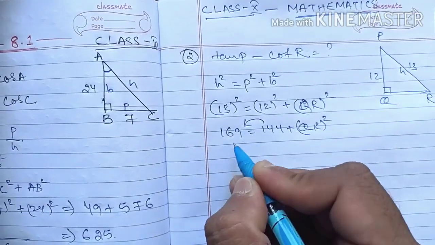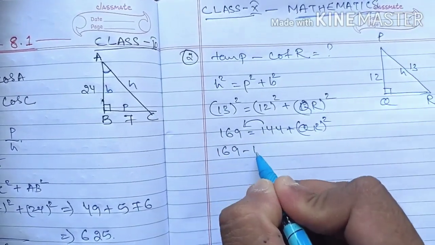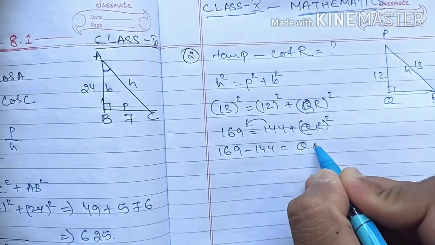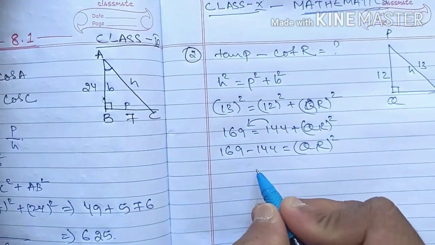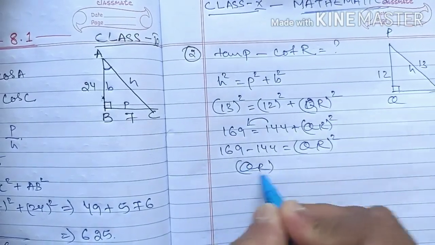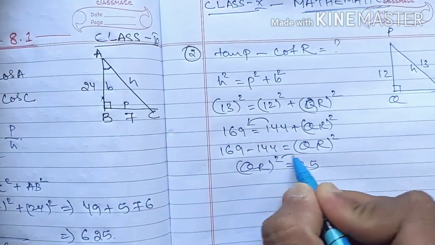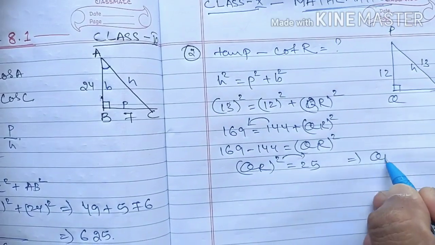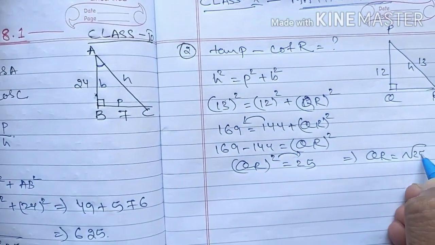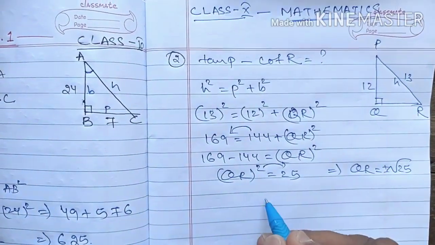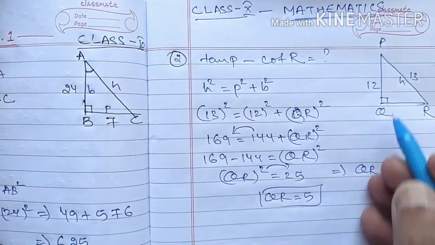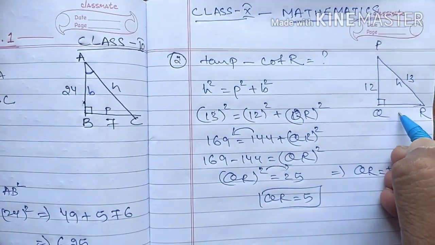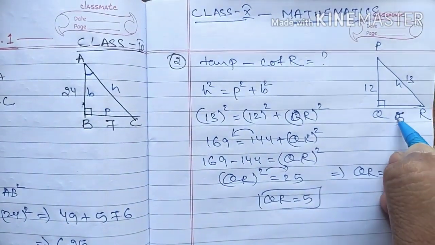Bring 144 towards the LHS, 169 minus 144 equals QR whole square. 169 minus 144 is 25. So QR whole square we got 25. Taking the square root, QR equals root of 25. So QR we got 5. So all three values we got, I am just writing here 5.